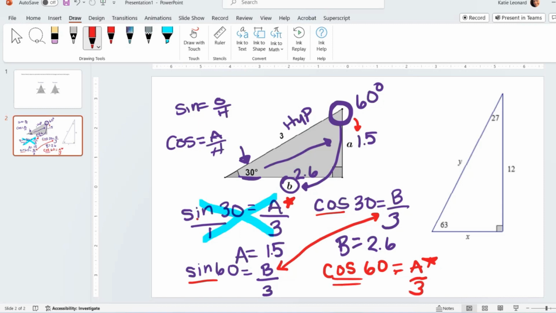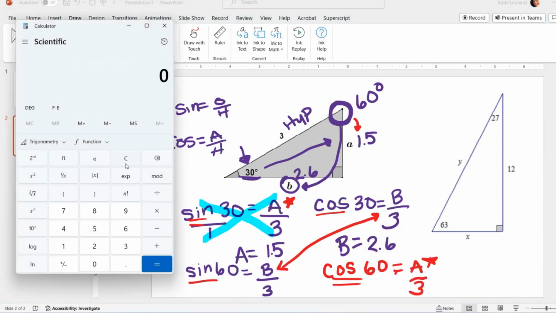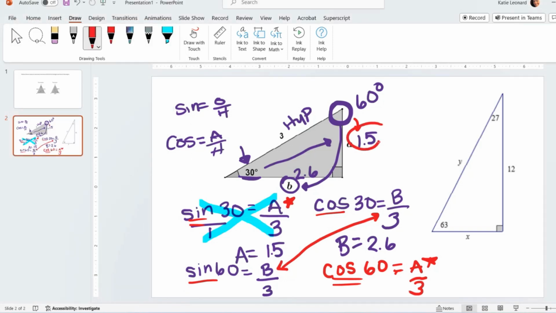Only thing changed is the function that we're using. And again, I got 1.5 for A, which is exactly what we said it should be. So this is how you can use your sine and your cosine functions to find missing pieces of a triangle.